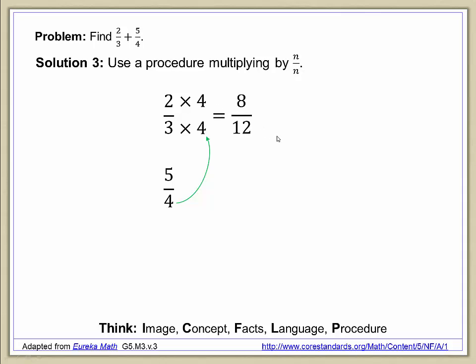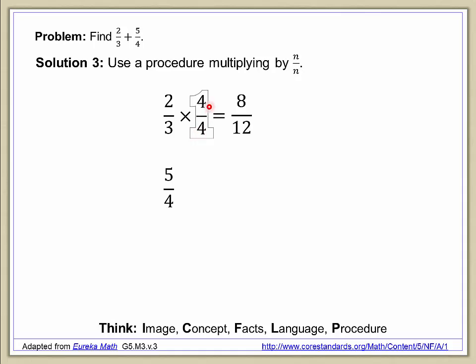Notice what we've done actually is multiplied essentially by 4 over 4, which is exactly the same as multiplying by 1. 4 out of 4, 4 parts out of 4, 4/4 we know is 1 whole.